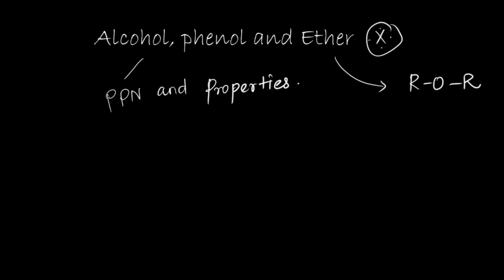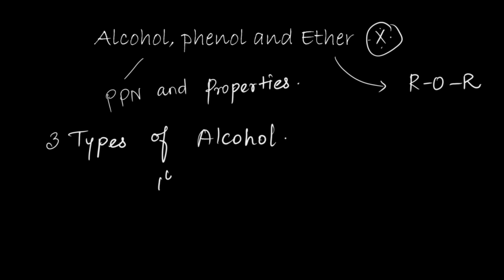Before getting into preparation of alcohol, I would like to tell you there are three types of alcohol. One is primary, the next one is secondary, and the third one is tertiary. What is the difference between these three?